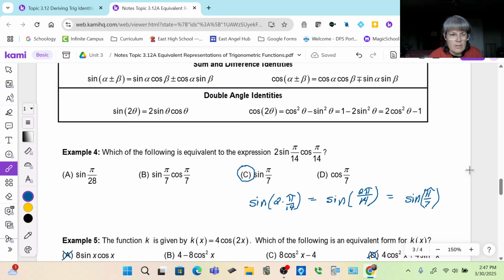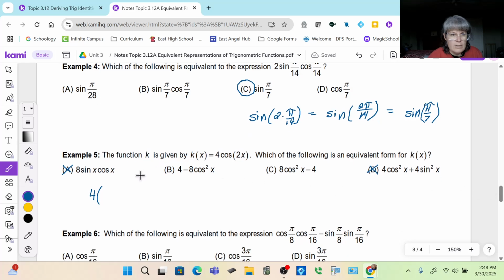I want to say yes, cosine squared theta minus sine squared theta. So that's how I'm going to start. Cosine squared theta minus sine squared theta, or in this case, cosine squared x.